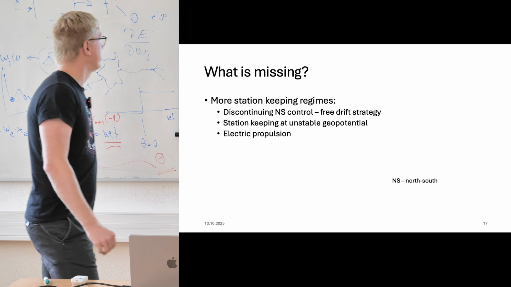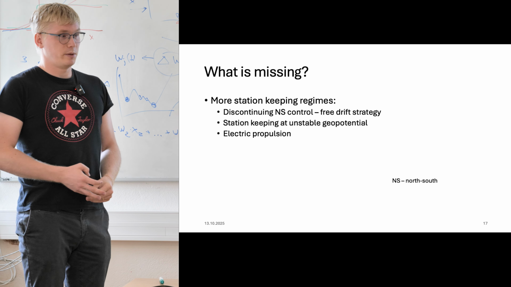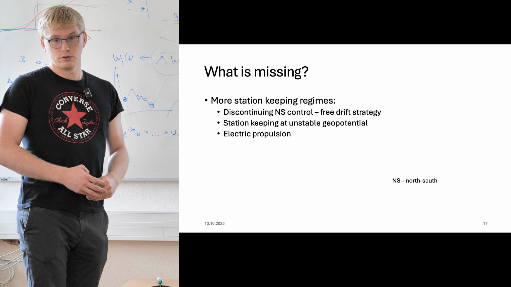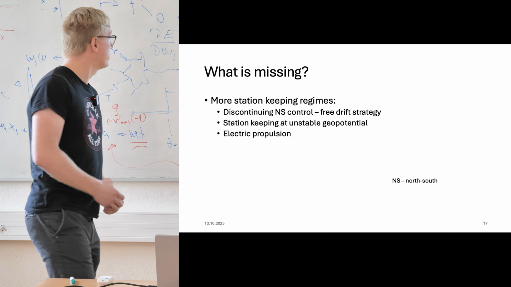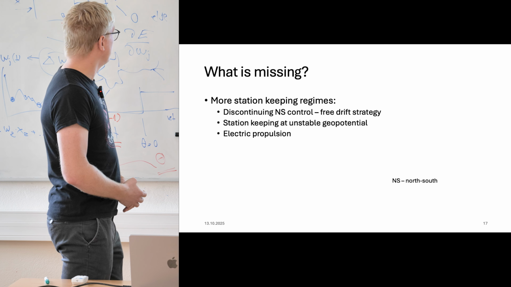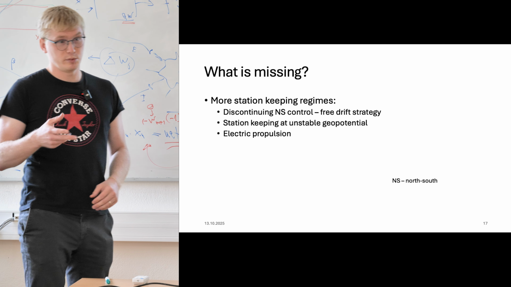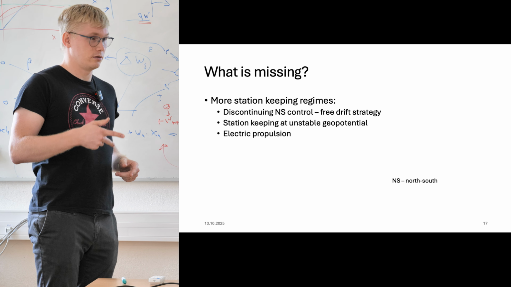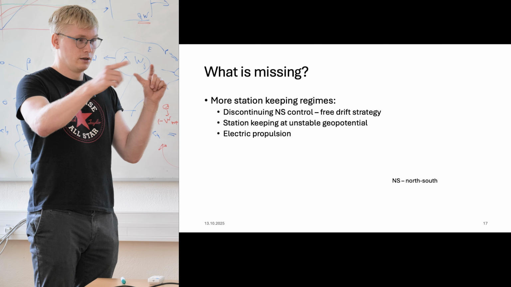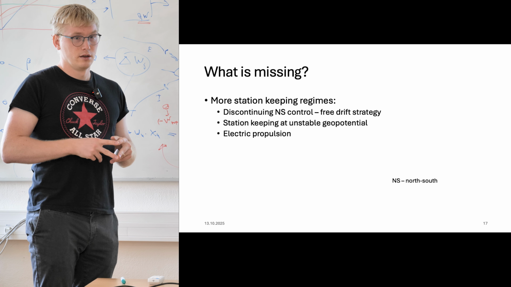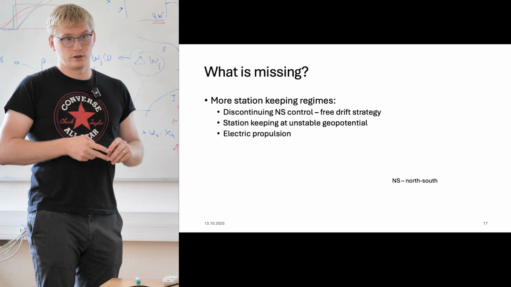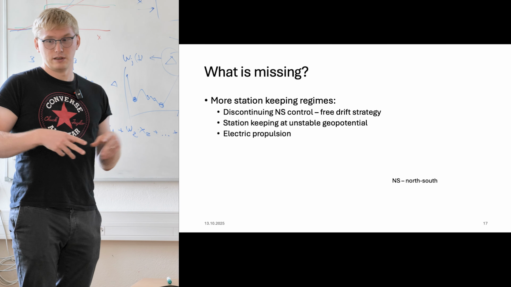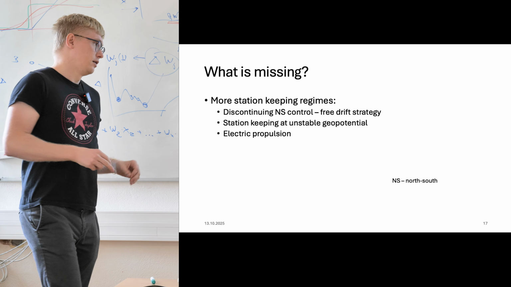So there are still some things missing. Sometimes people discontinue the north-south strategy and they stop caring about inclination to save some fuel. We did not implement this. There are only two special places in the geostationary orbit where the geopotential is unstable, so the behavior is a bit different than everywhere else.